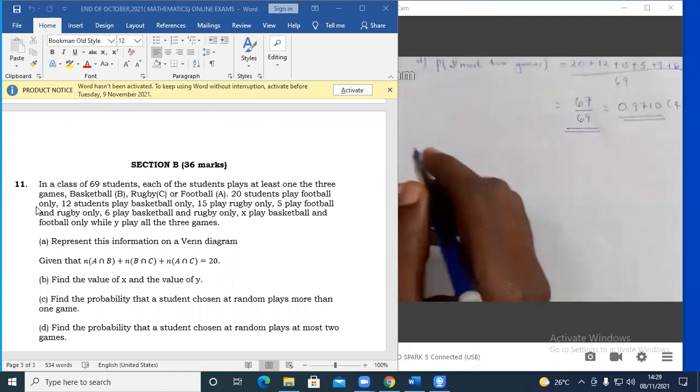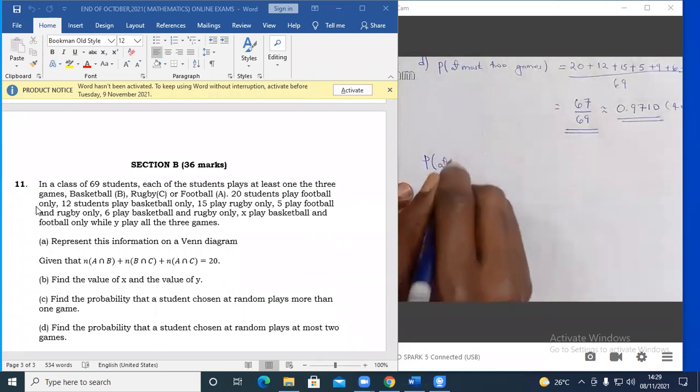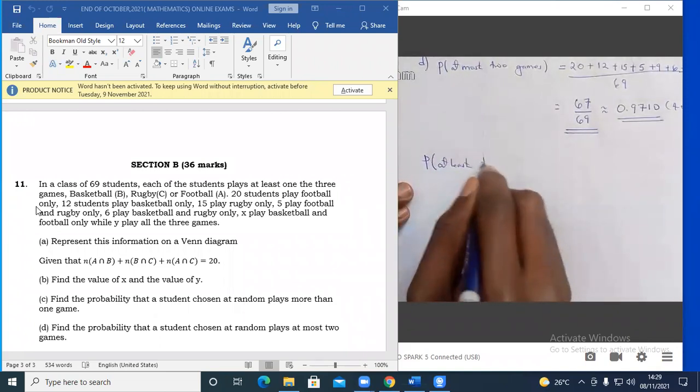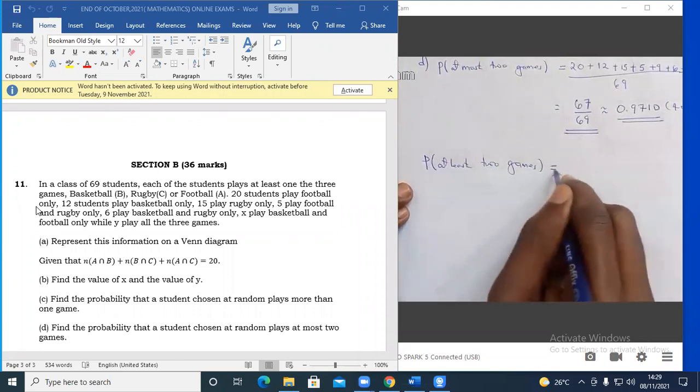What if the question was asking at least 2 games? That a student selected at random from the group plays at least 2 games. So which one are we going to add? At least 2 games.